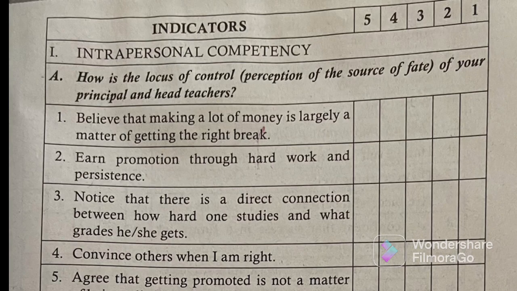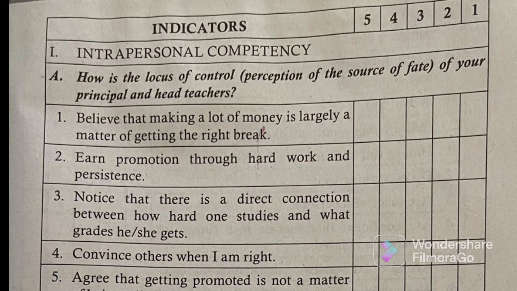But in the second page, you will see that the intrapersonal and interpersonal competencies are the major variables. In the second page, you are now going to have this type. The intrapersonal competency is the so-called major variable, and under it you have the sub-variables.